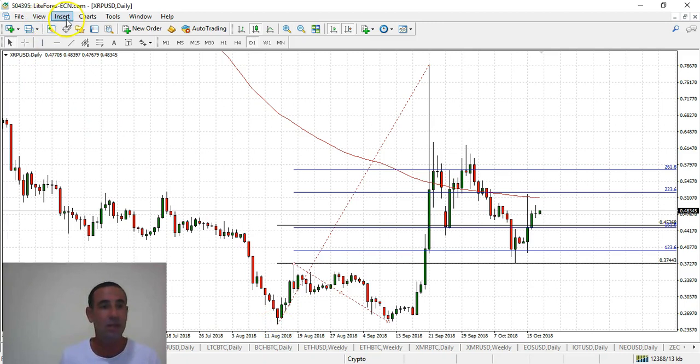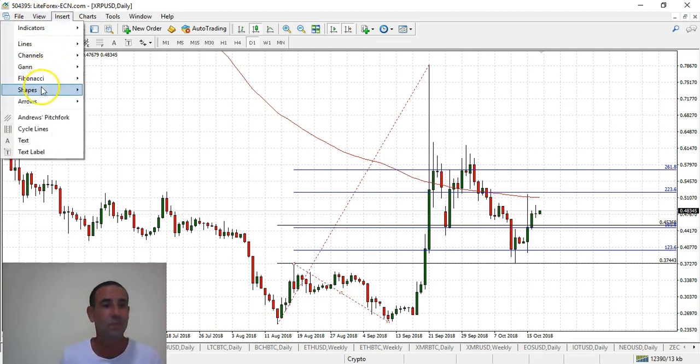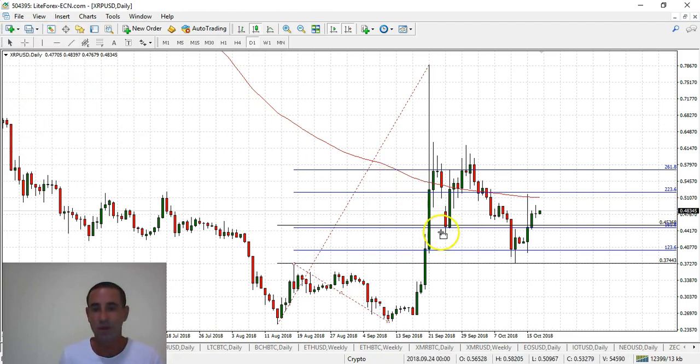Let me mark that for you. So here is the range I was talking about. It's a very, very tight range, right? It's not a perfect cluster, but it's pretty good. I mean, the levels are pretty close enough.